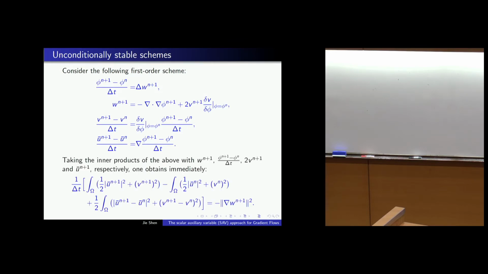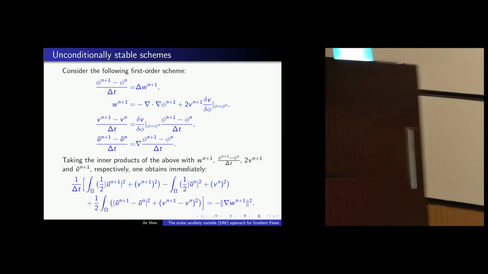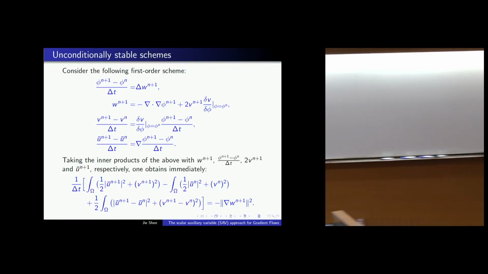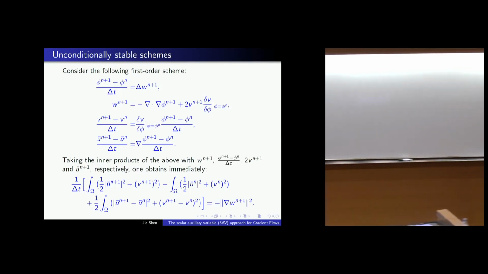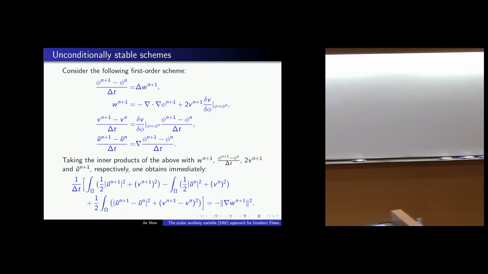And the nice thing about this is no matter what your nonlinear functional is, you always get unconditional energy stability. Why? Because you multiply this by W, you multiply the second equation by this term, and you multiply the third equation by v^{n+1}, which is constant 2. And you see, no matter what this term here is, it doesn't matter what the form is, those two terms will cancel out.